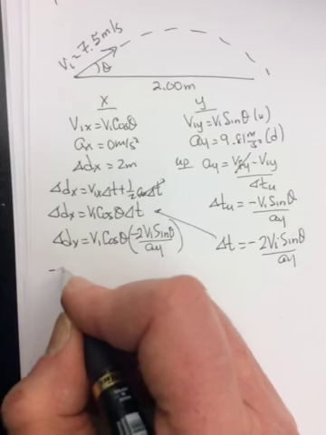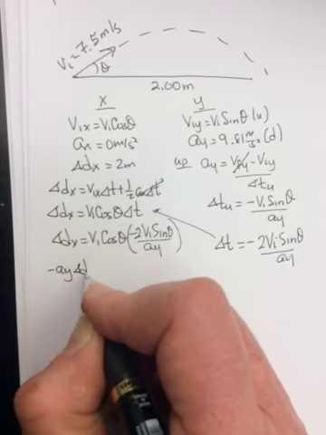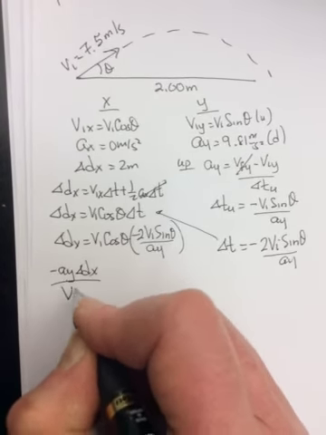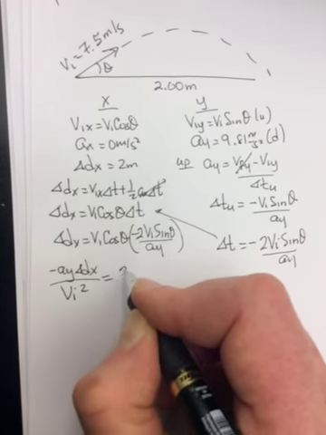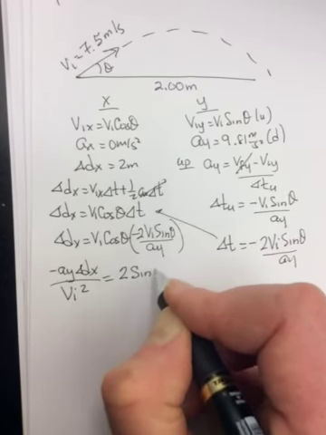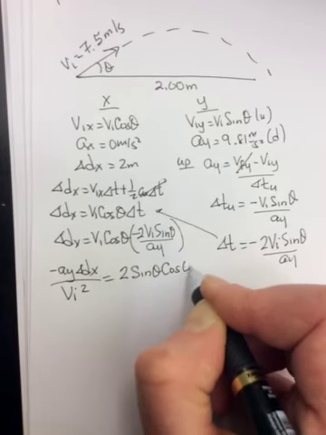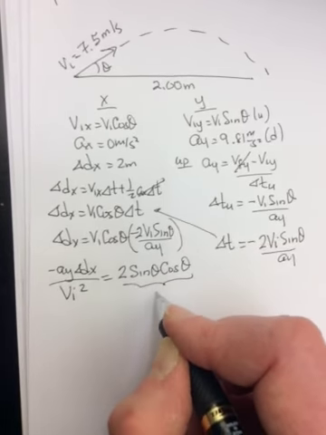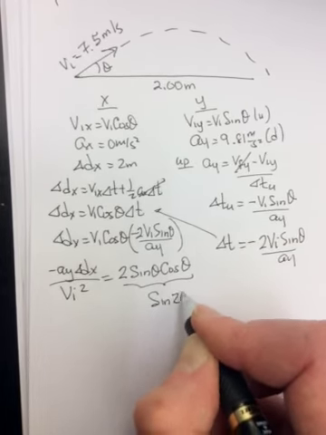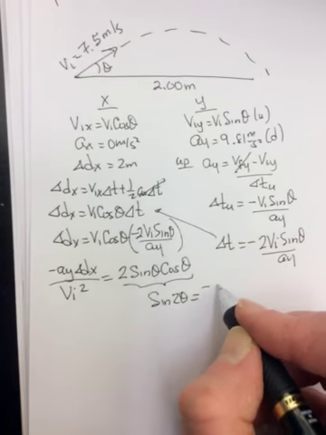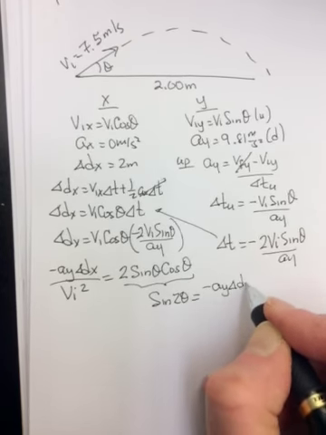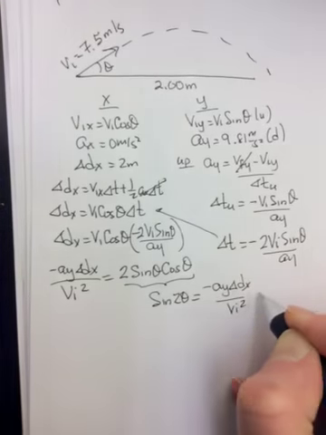Bring your negative AY over and divide by your VI squared, and you'll be left on this side with 2 sine theta cos theta, which is that double angle identity again. It becomes sine 2 theta. So sine 2 theta is equal to AY delta dx over VI squared.